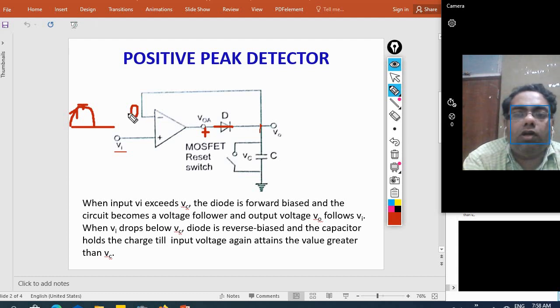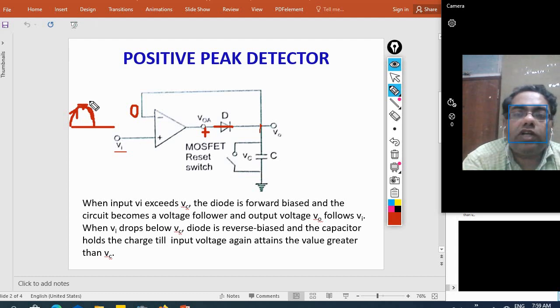Now, when the positive voltage is coming down from maximum, it is decreasing. Then what is happening? The capacitor retains its maximum voltage because there is no discharge path.